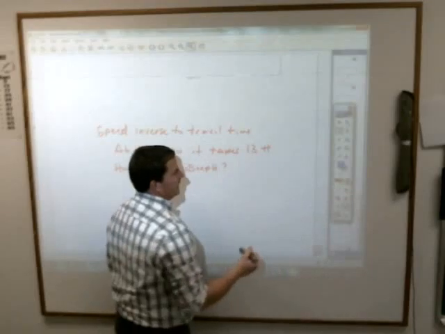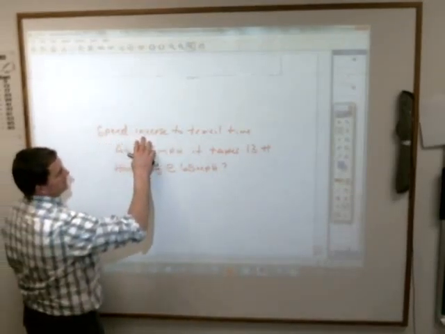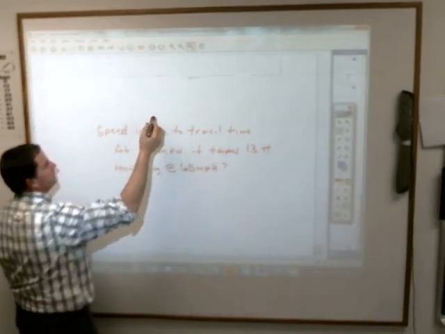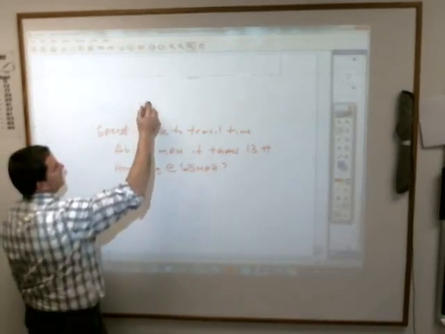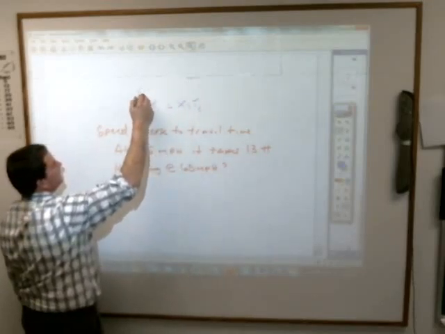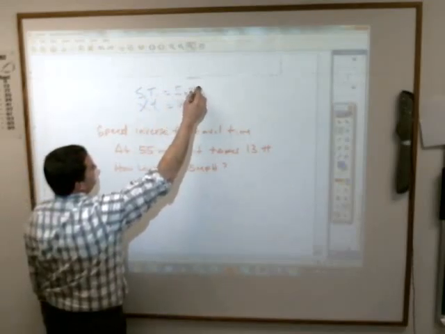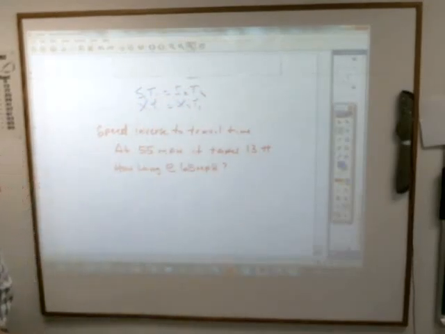So again, if you go back to the inverse variation equation, speed is inverse to the travel time. So instead of saying x1 y1 equals x2 y2, you could just say speed 1 times time 1 equals speed 2 times time 2. They don't have to be x's and y's.